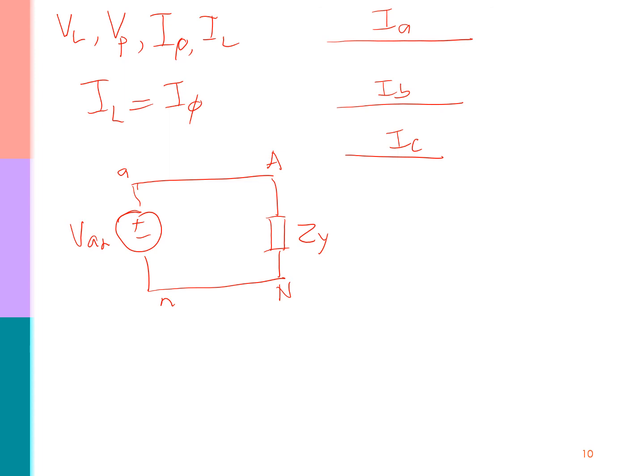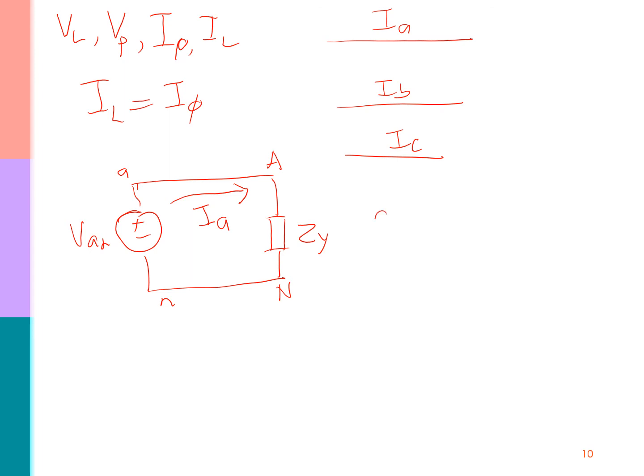For calculating the line current IA, this is a series circuit, and you can apply KVL, with current flowing through the one single loop.